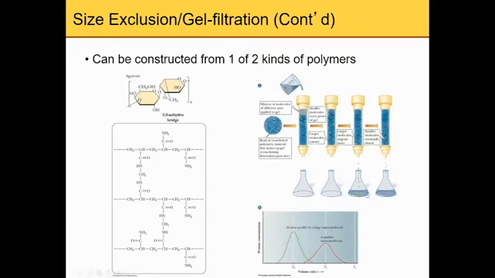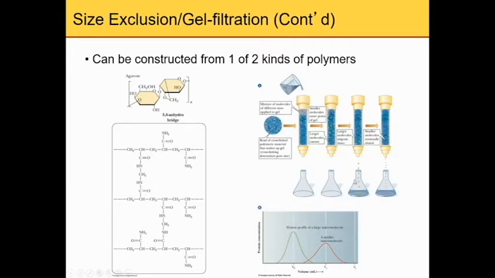So just like this, we have this size exclusion column, and then you run the sample through the column. For example, this green molecule is the large protein, and the pink molecule is the small molecule. So the large molecules will run through the column faster.